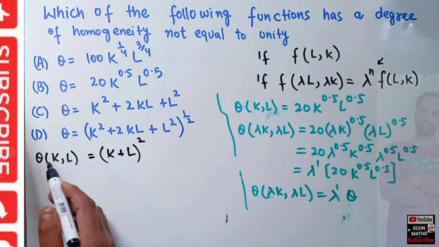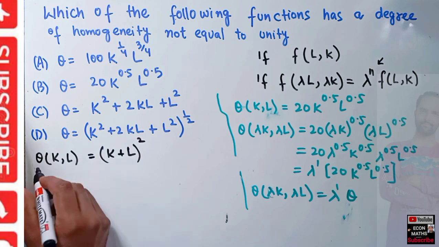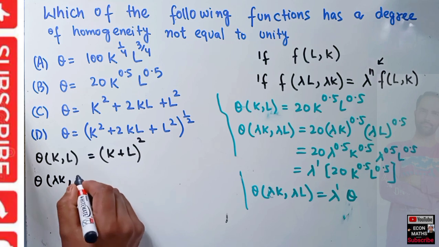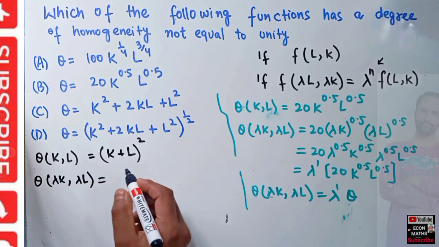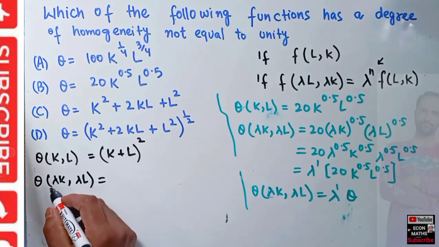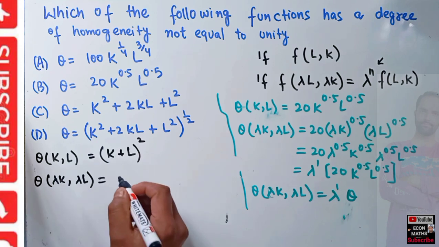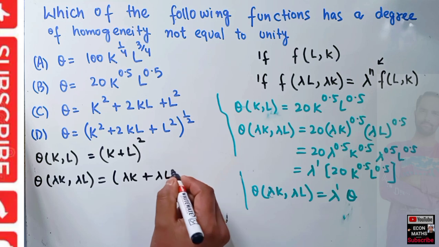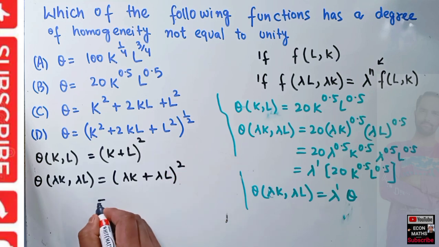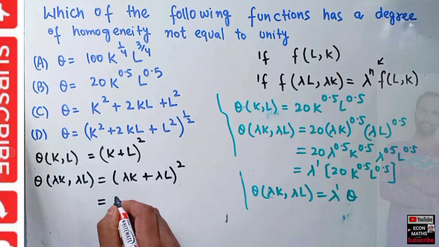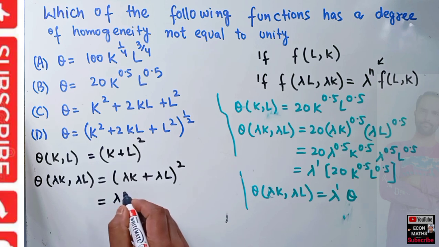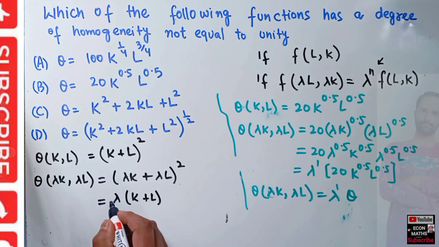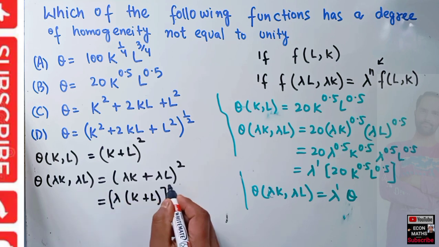So let's multiply each input by lambda. So we have Q(lambda K, lambda L), and here we will have (lambda K plus lambda L) squared. We can take lambda common, so we are left with (K plus L), and it is whole squared.